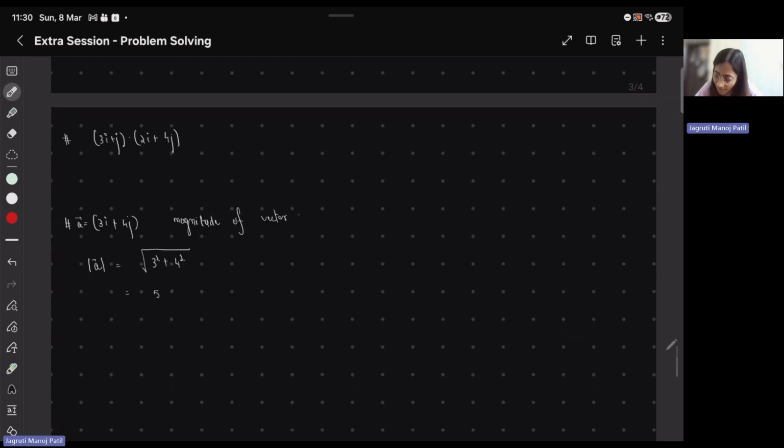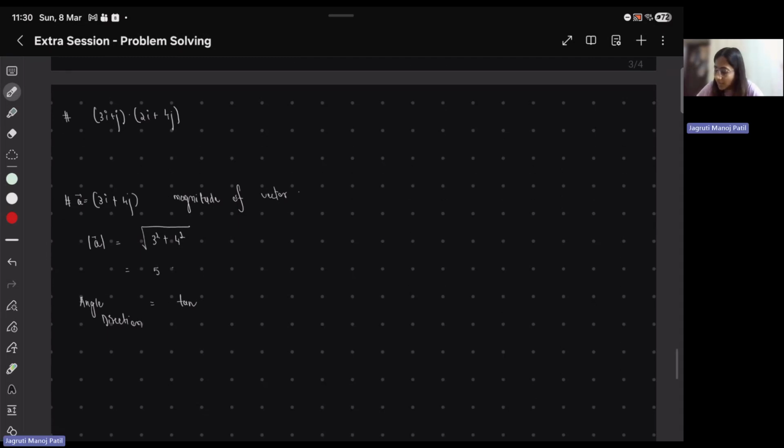Now, if someone asks you how do you take the angle of a vector, how do you find its direction, you do tan or tan inverse. Let me check it. Computing the angle of a vector. Yes, so it is tan inverse.